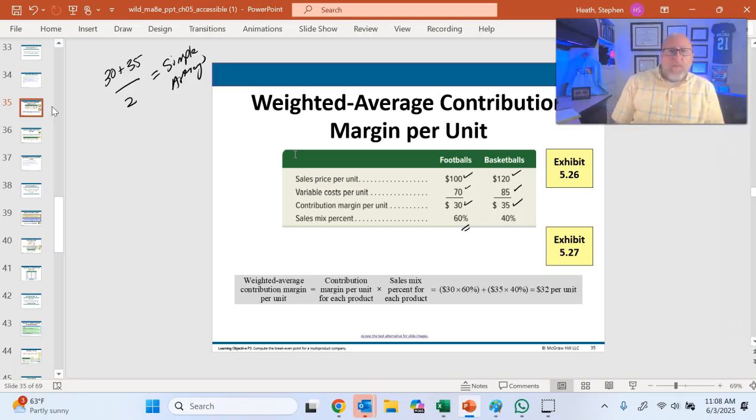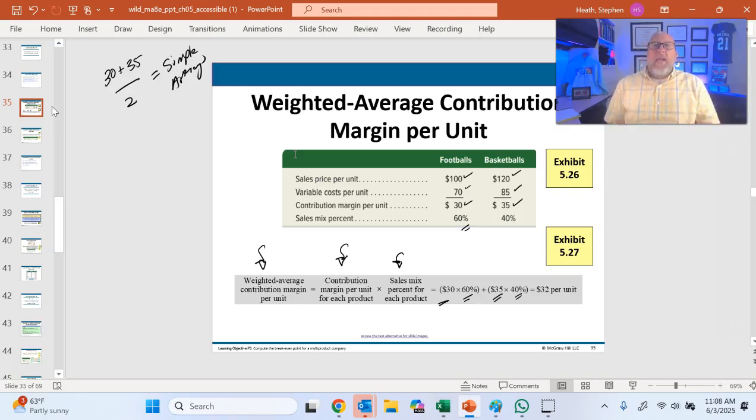And therefore, the formula for weighted average contribution margin, first, it's going to start with the contribution margin per product. So it would be $30 for the football. That's what we have here. And then 35 for the basketball. And then we're going to multiply those by the sales mix. And again, we said the sales mix for football, 60% of our customers buy footballs and 40% of our customers purchase basketballs.